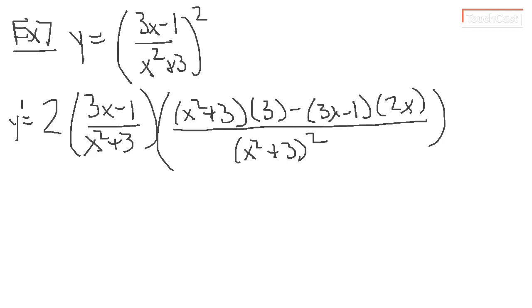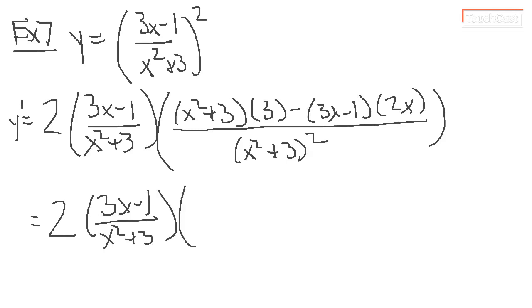Now, let's clean all that up. Let's just focus on that big set of parentheses first. So we'll bring our 3x minus 1 over x squared plus 3 through. I'm going to distribute this 3 and this 2x, and then I'm going to distribute the minus after that.